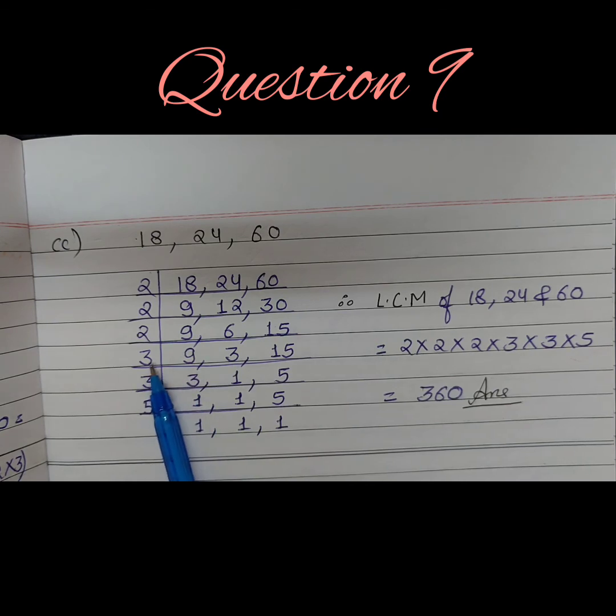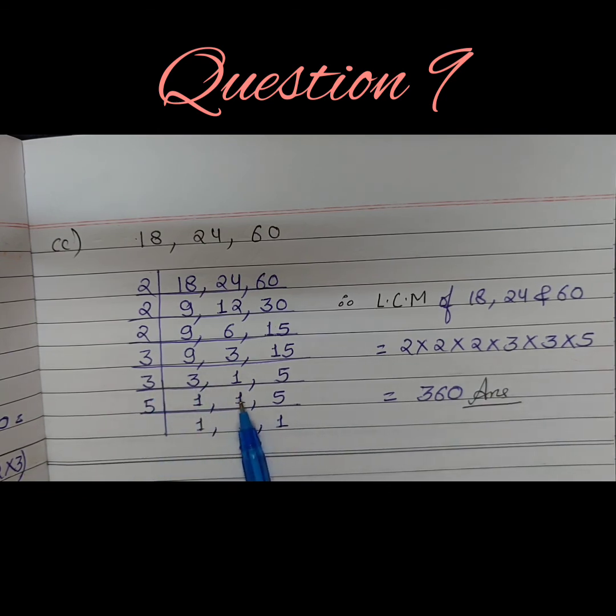Now our next prime number is 3. 3 3s are 9. 3 1s are 3. 3 5s are 15. All 3 numbers are divisible by 3. Next number is 3. 3 1s are 3. 1 is not divisible by 3, so carry forward. 5 is also not divisible by 3, so again carry forward 5.